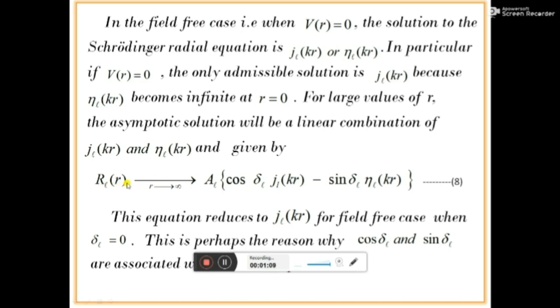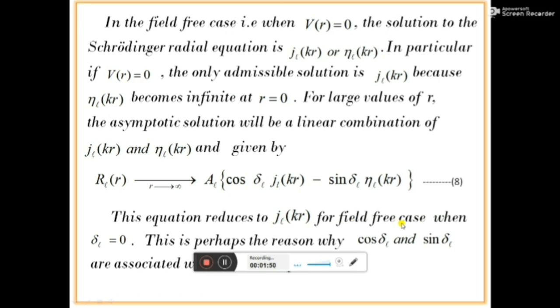Therefore, RL of r when r tends to infinity is AL into cos del L JL of kr minus sin del L into NL of kr. This equation reduces to JL of kr for field free case when del L equal to 0. This is perhaps the reason why cos del L and sin del L are associated with equation 8.